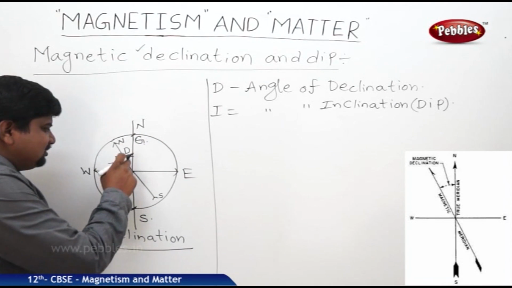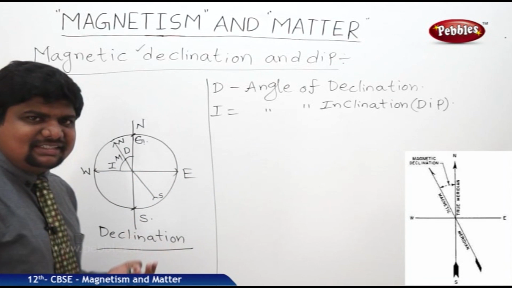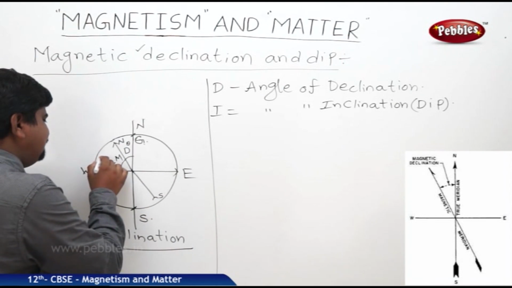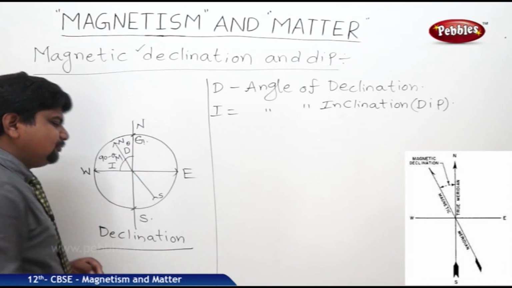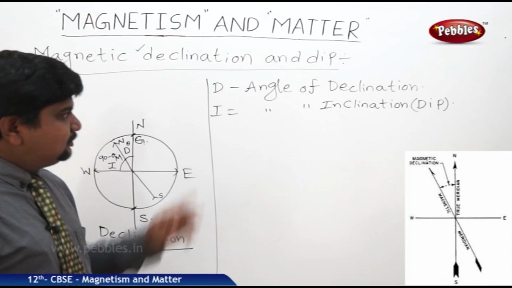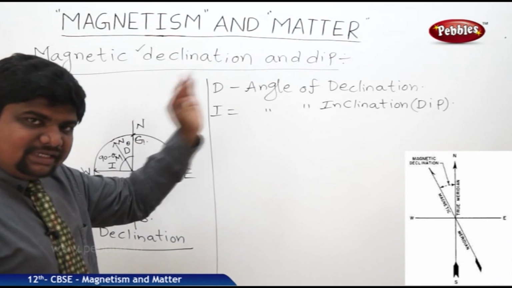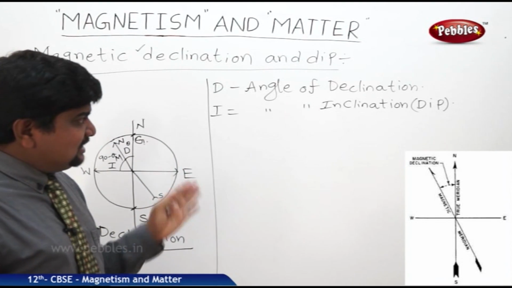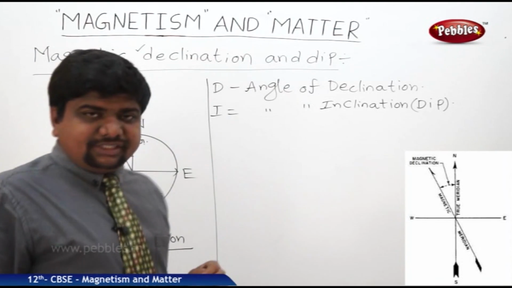So if D is theta, I will be 90 minus theta. We know the trigonometrical rules, so we can apply the same here. One increases, the other will decrease, so they are inversely related to each other.